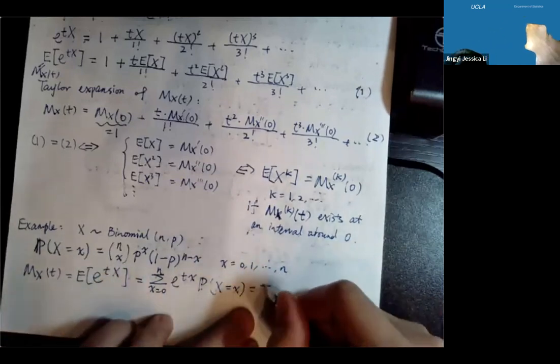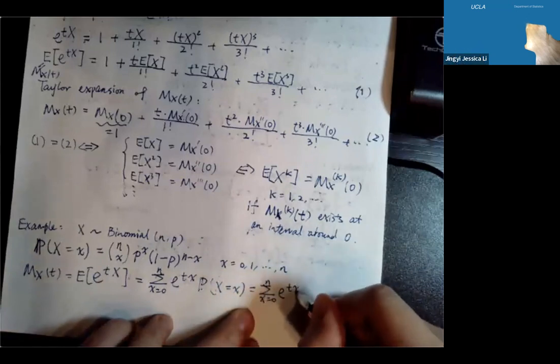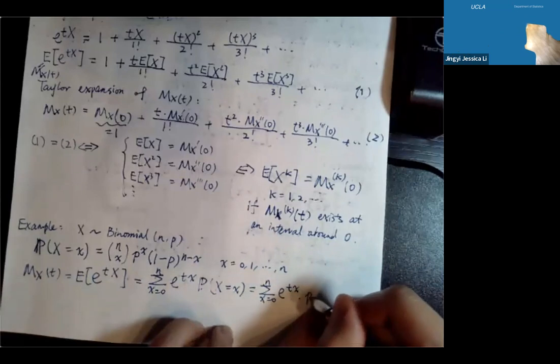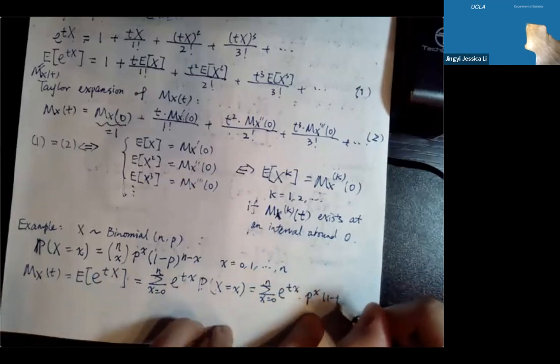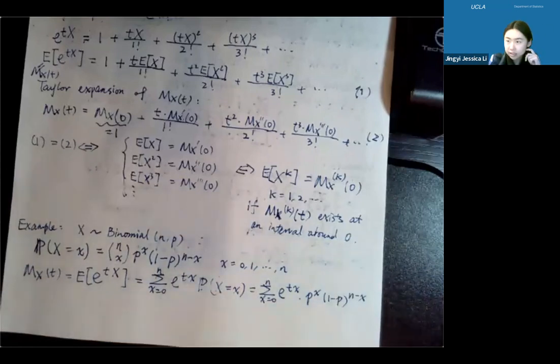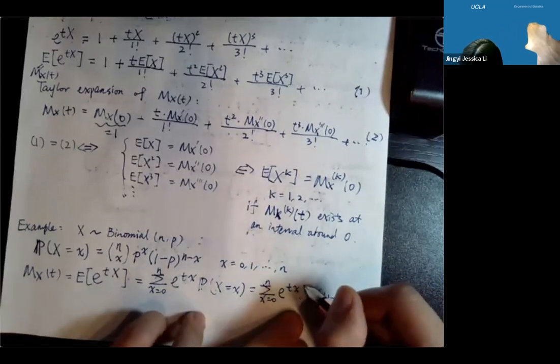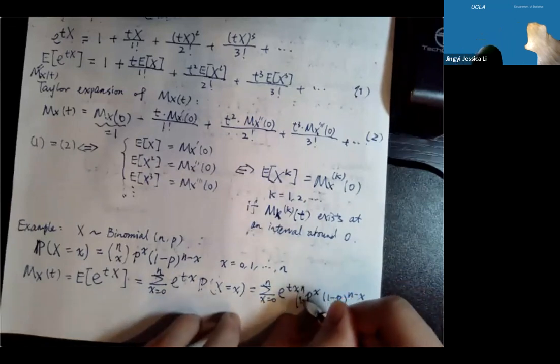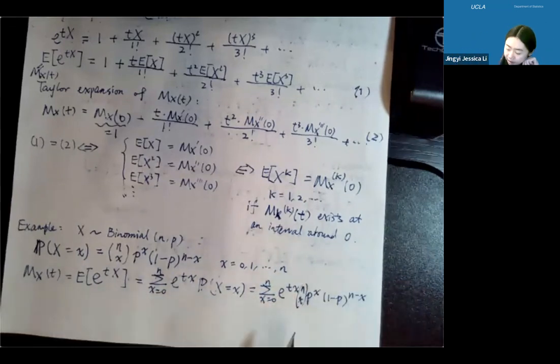So I have e to the t x times P to the power x times 1 minus P to the power N minus x. Oh, sorry, I missed the N choose x; I should put it back here. This is the definition of the MGF, so what's left is to simplify this sum. The obvious way is to combine the terms.